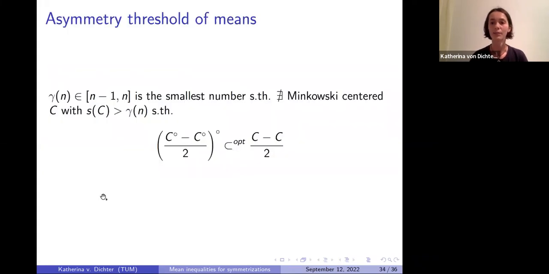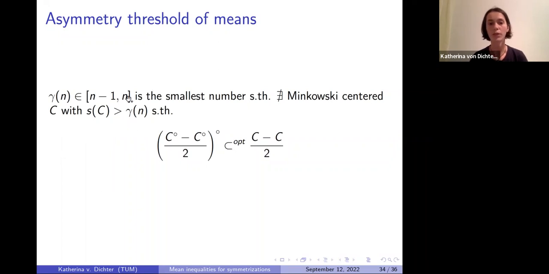We can improve this bound by using some things that we have shown about the means, and also by using this asymmetry threshold of means. So we defined this asymmetry threshold of means as following. It is the smallest number such that there exists no Minkowski set C with the asymmetry value which is greater than this gamma, and such that you have that the means are optimally contained in each other.